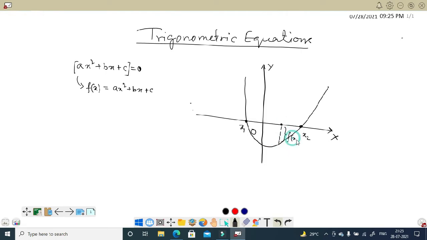This height, this depth here is f(x). So if you are looking for the solutions, you are looking for the x for which this expression is becoming 0. Where the expression is becoming 0, it will be on the x-axis. So that's why the points where the graph is intersecting the x-axis are the zeros of this equation.